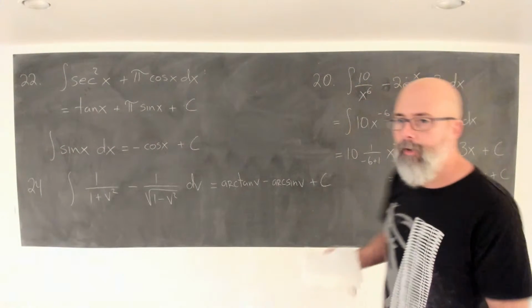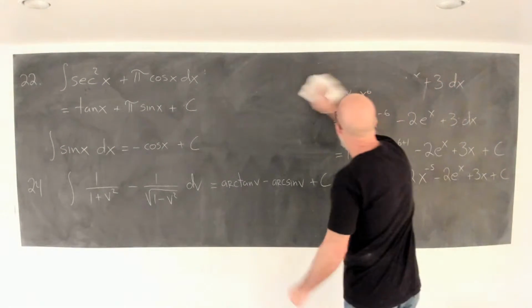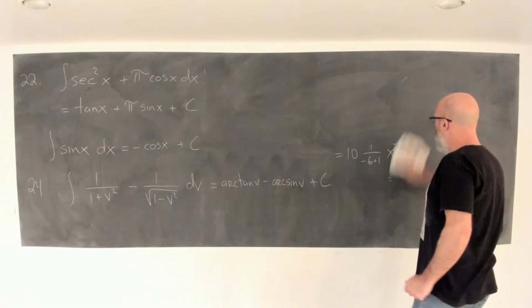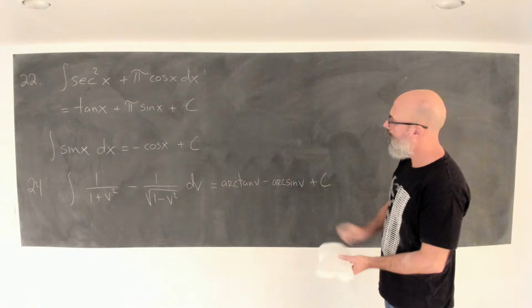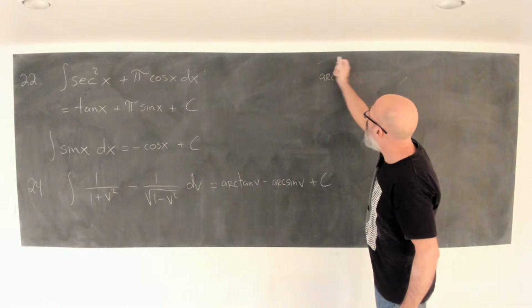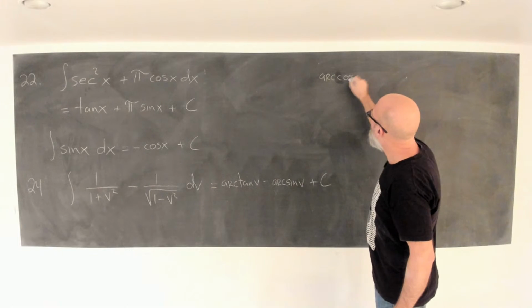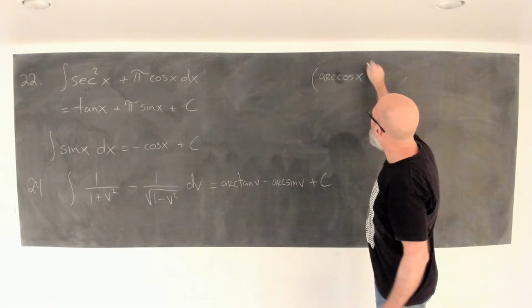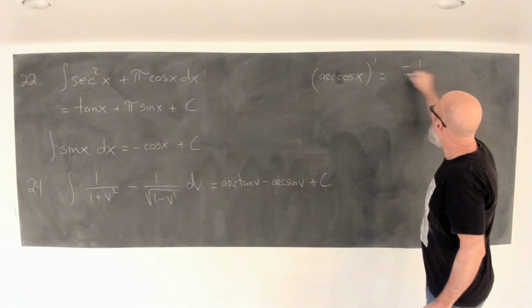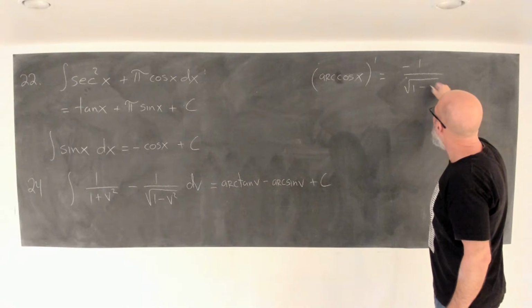What is the derivative of arccos? The derivative of arccos, so I see what you're suggesting here, right? The derivative of arccos x, you know to be negative 1 over square root of 1 minus x squared.